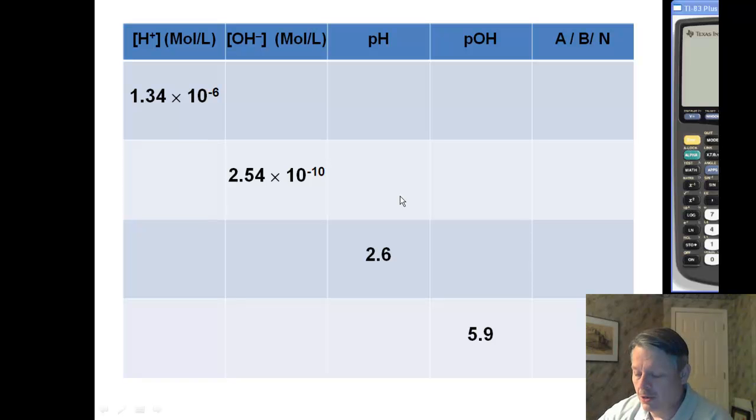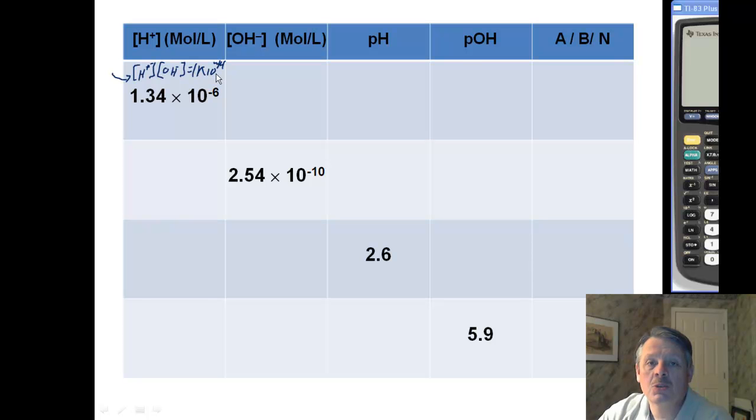Alright, so let's look at what we can do here. We are given our concentration of H. Now what we know is that our concentration of H times our concentration of OH is equal to 1 times 10 to the minus 14th.